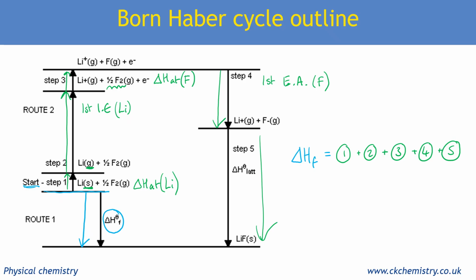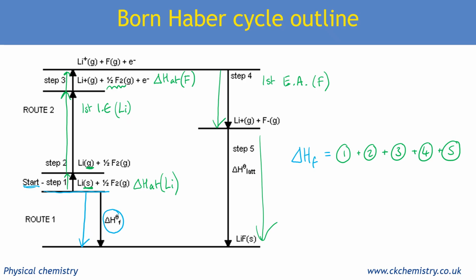I can find the other values. Even when it becomes more complicated, even when there's two lots of something, I can still work it out. And I haven't changed the sign of anything. So step 4 and step 5 are negative values, but I don't need to do anything with them. I'm just adding them up.